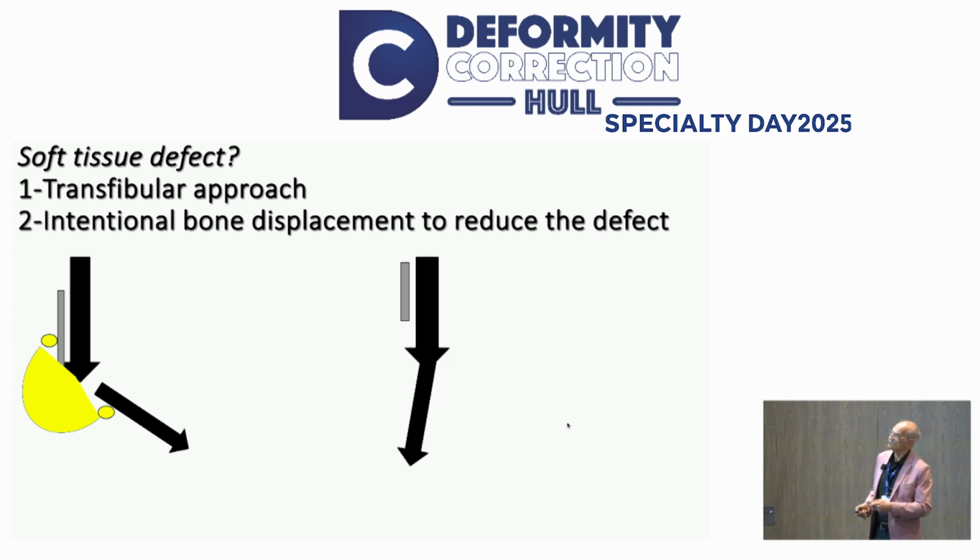What we do is remove part of the fibula, a bigger part, to make less space, and we push the foot in the opposite direction to close the wound. We created a deformity in the opposite direction until we get closure of the wound without tension on the skin. You see the size of the defect is less.